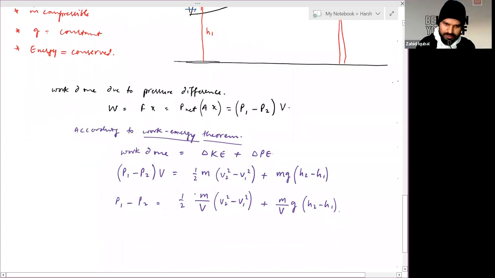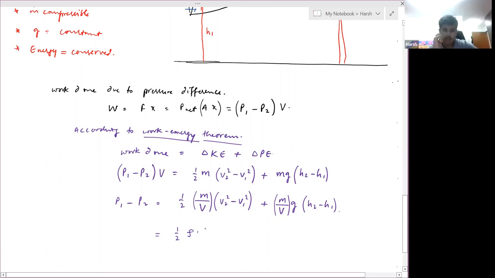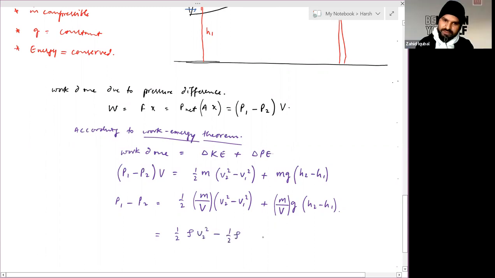Now, this particular quantity, mass by volume, is also called density. So we may write half rho V2 square minus half rho V1 square plus rho g H2 minus rho g H1.